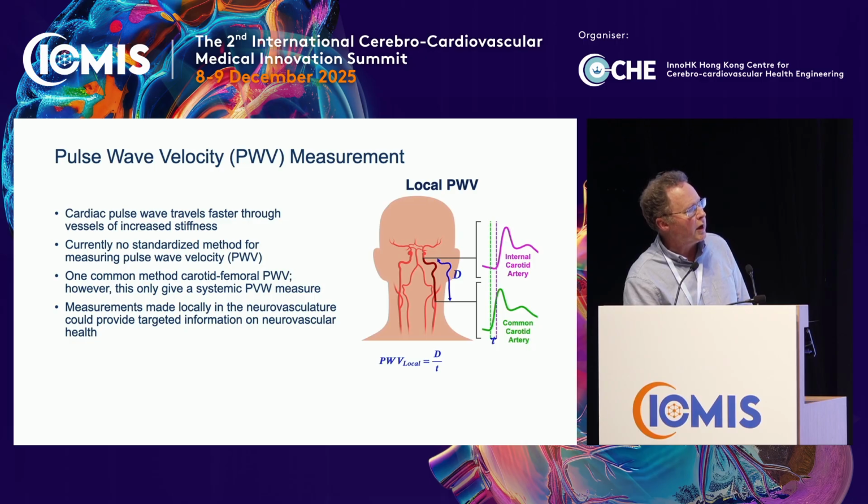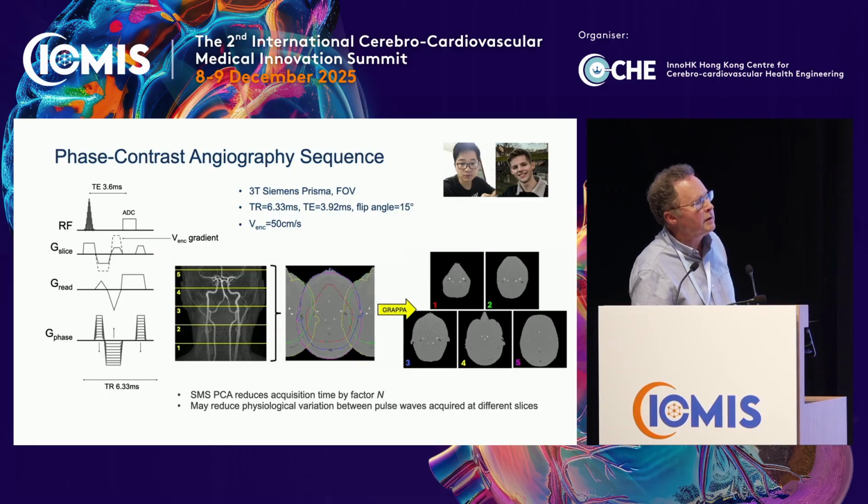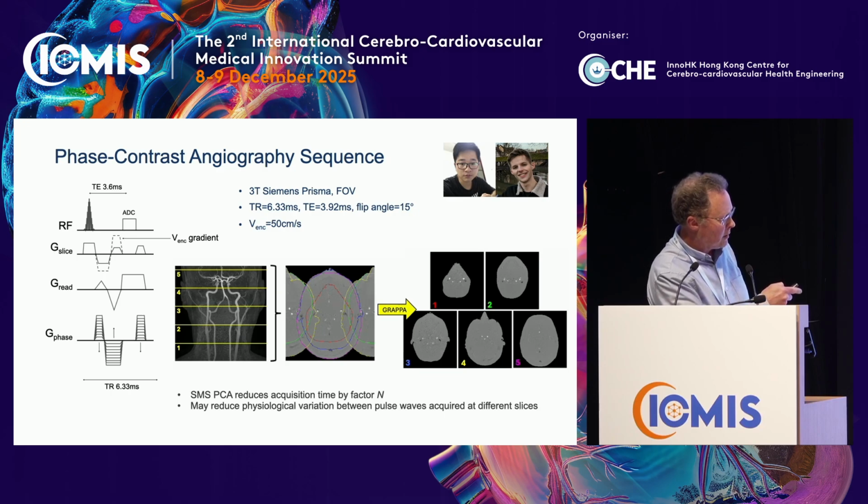For example, looking in the carotid arteries, and using time of flight angiography, we can measure the actual distance traveled and not have to rely on linear distances as well. So we've been working on a standard phase contrast angiography approach. We've added multiband excitation, and you can see here an example of the sequence.